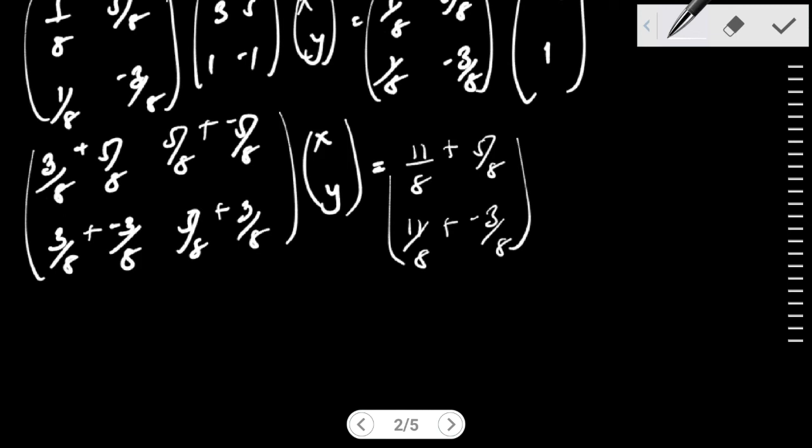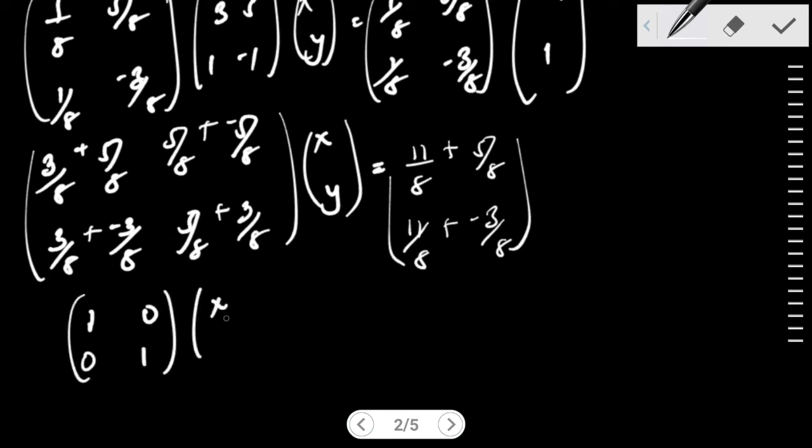Having worked that out, this would be 8 out of 8, which would give us 1, then this would be a 0, this a 0, and this a 1. We're having xy equal to 16 divided by 8, which is 2, and then this minus this would have 8, which would give us a 1.